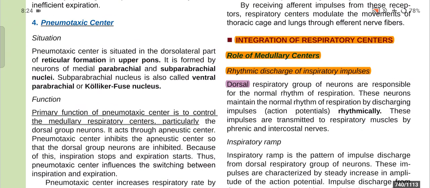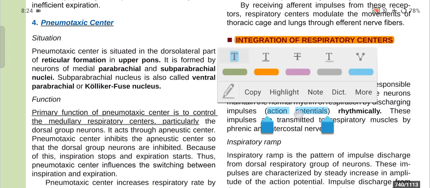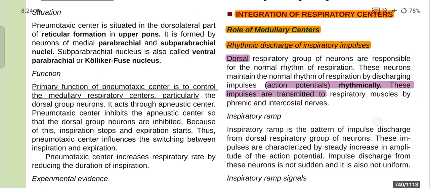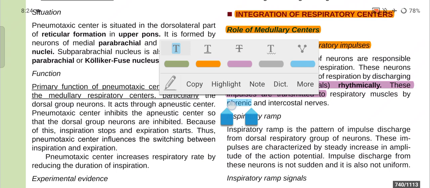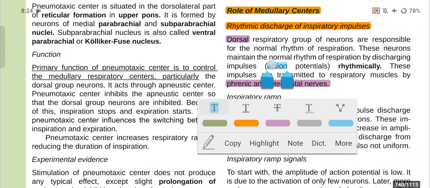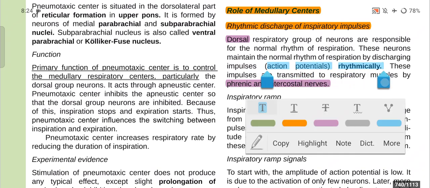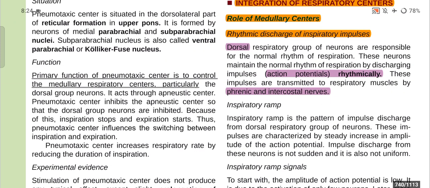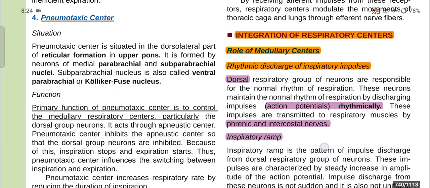These neurons maintain the normal rhythm of respiration by discharging impulses, or action potentials, rhythmically, and these impulses are transmitted to respiratory muscles by phrenic and intercostal nerves.